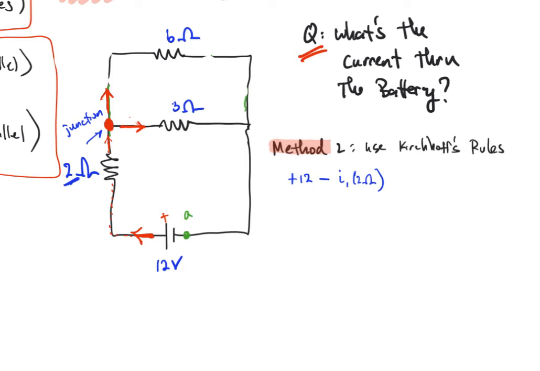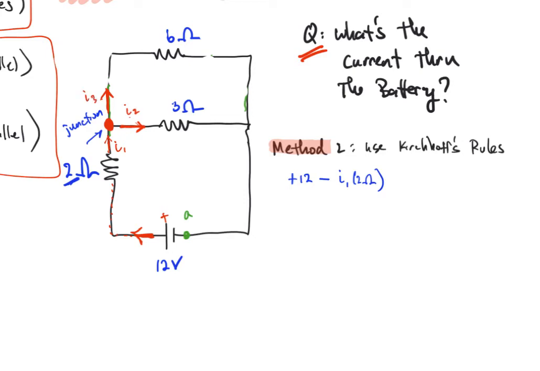Then if I continue going here, at this junction I'm going to get a different current. I think we called it I2. I forget, but I'm going to call this current I2. So in my world, this is going to be I1, I2, and I3.